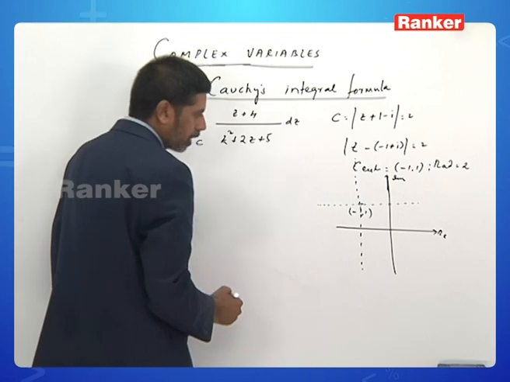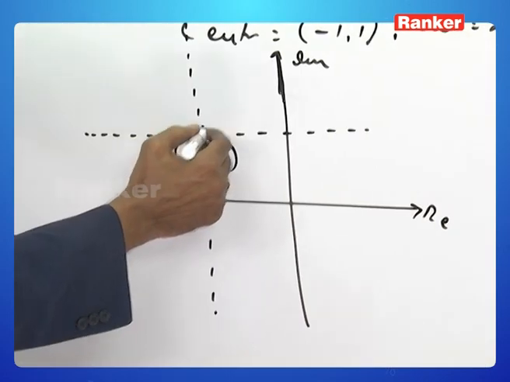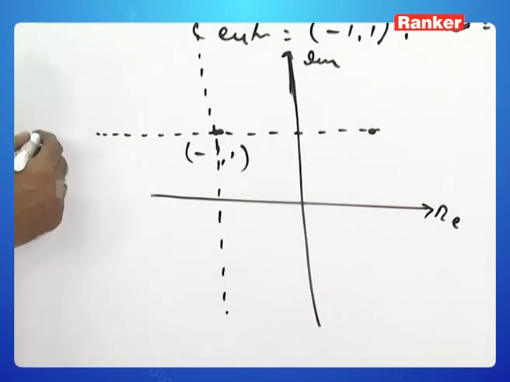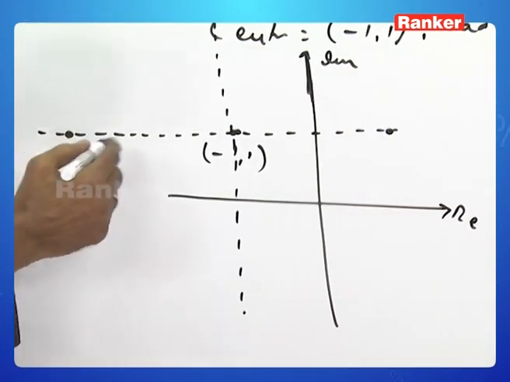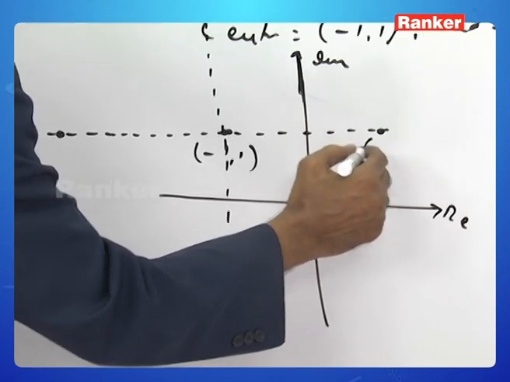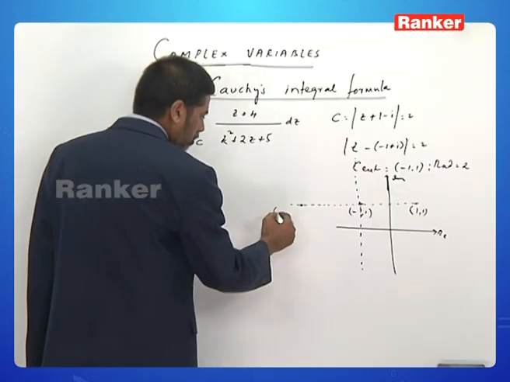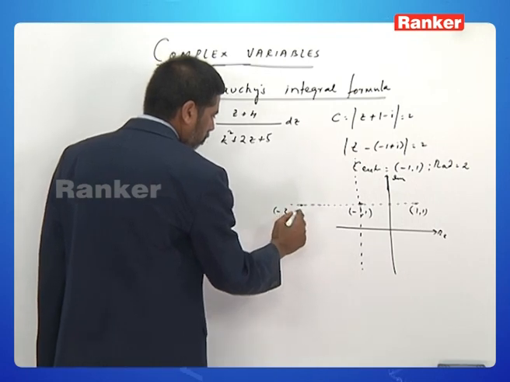You create two diameters with this as a center, measure 2 units. So this is one end, this is the other end. This will be 1, 1. This will be -3, 1.